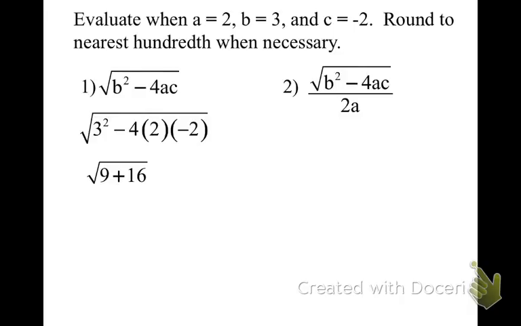Do you see that? 9 plus 16 is 25. And the square root of 25 is 5. Jack, do you remember what that's called? The b squared minus 4ac? It has a special name, but we'll get to it in chapter 13. It's called the discriminant.